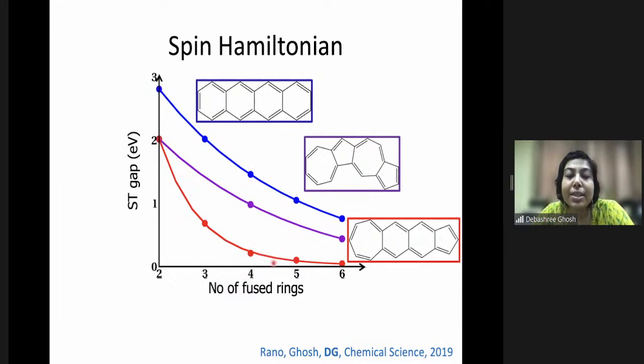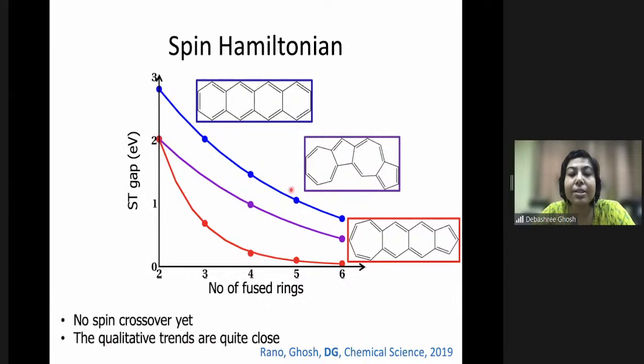And here you can see that the qualitative nature is retained, as in this is still faster decay, this is still slower decay, but many of the quantitative features are not quite the same. So we don't actually see spin crossover here, but the qualitative trends are still really close. So we wanted to use this not as a quantitative handle, but to qualitatively understand what is going on.